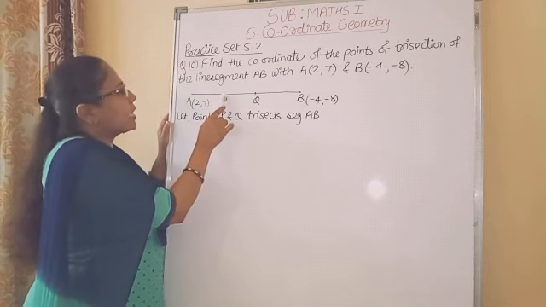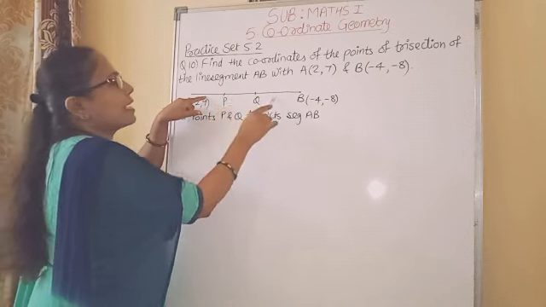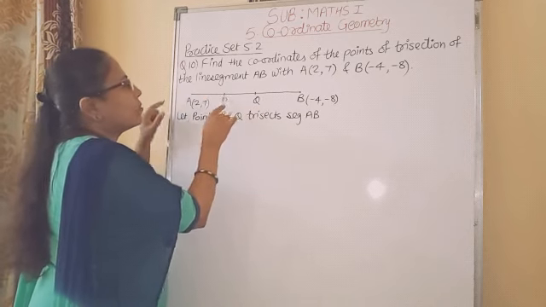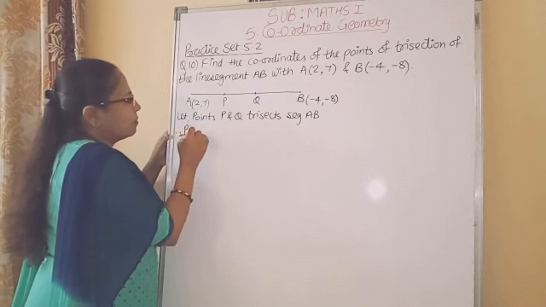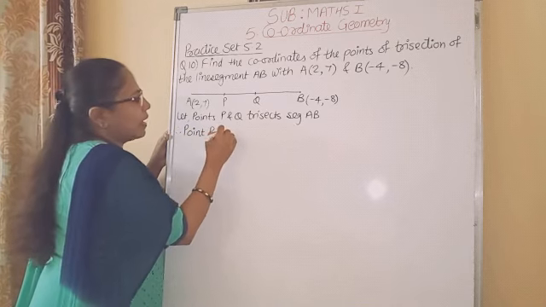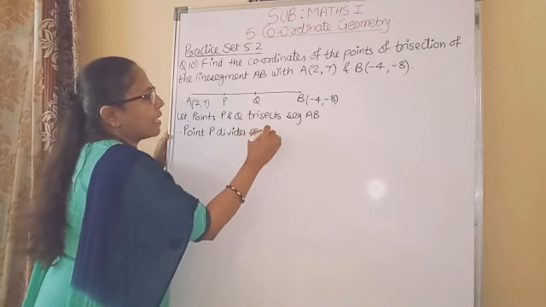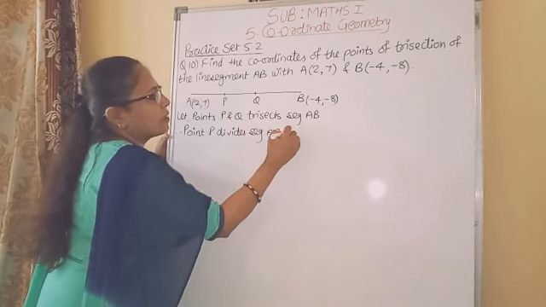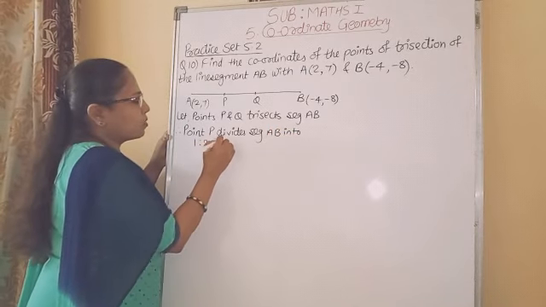On the left hand side of point P there is one part and on the right hand side there are two parts. So we can say that point P divides segment AB into 1:2 ratio.